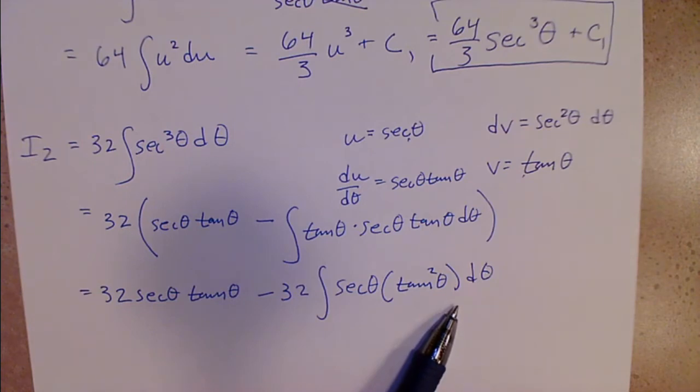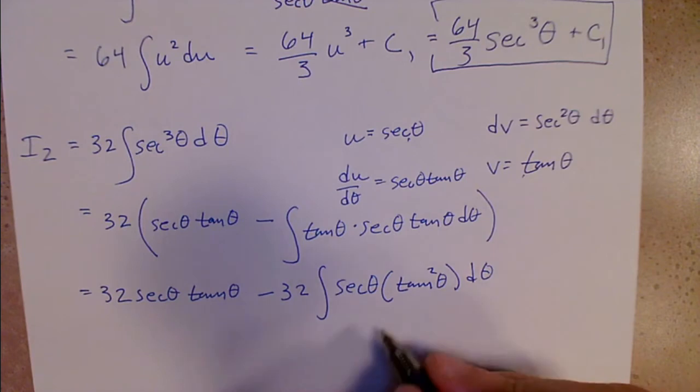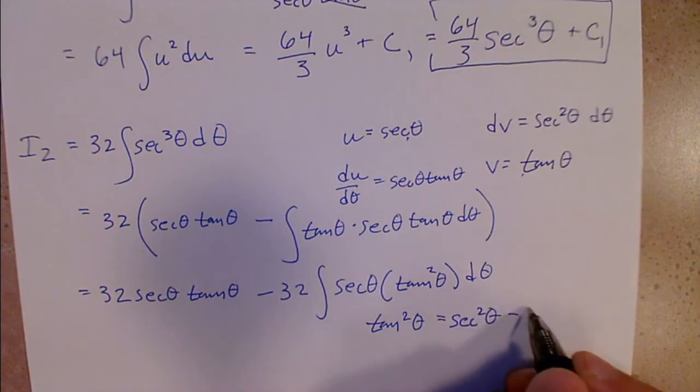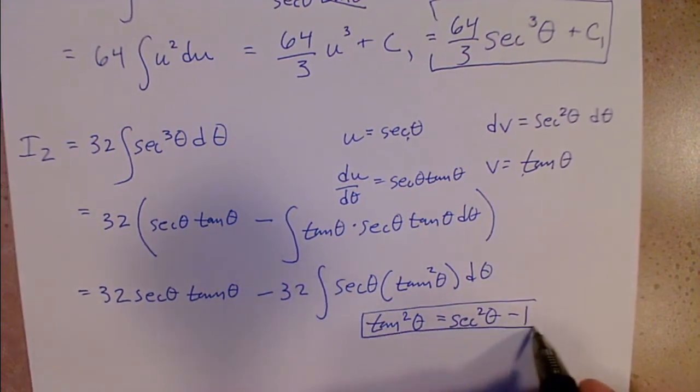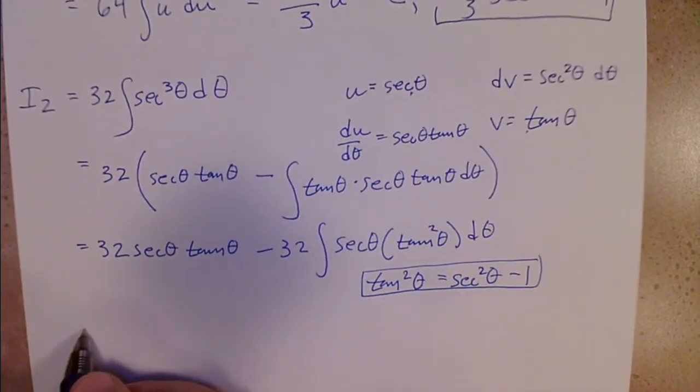Tangent squared theta plus 1 is secant squared theta. So I want to get rid of this tangent theta. I can write it in terms of secant theta. And so tangent squared theta is secant squared theta minus 1. I'll put that in a box because that's not an answer, but that's a trig sub that I'm about to use. Remember, that's one of the Pythagorean identities from trigonometry.